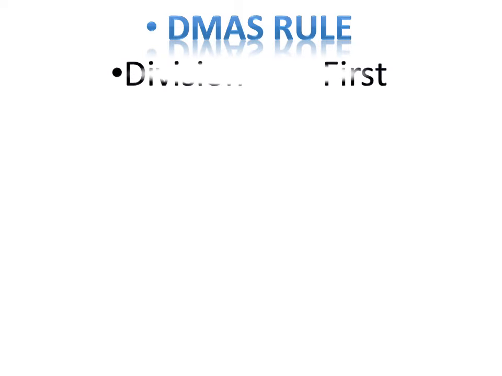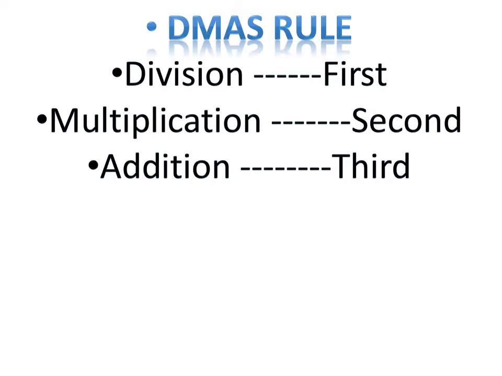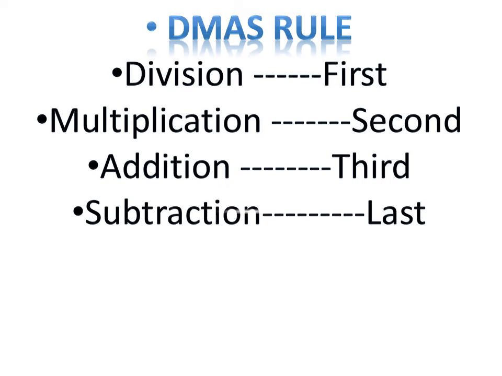D means division, we have to do the division first, then multiplication. After division, if there is an operation of multiplication, we have to do the multiplication. Then after multiplication, we have to add the numbers, it is the third operation, and the last operation is subtraction, that we have to do at the end.